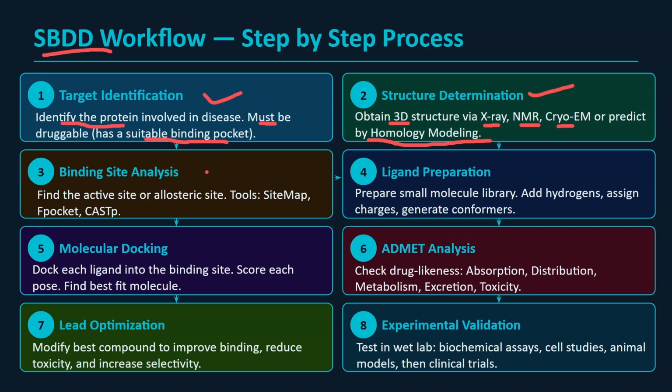Next, the third step is the binding site analysis, where we identify where on the protein surface the drug should bind. This could be the active site, the main functional site, or the allosteric site, which we can call binding site. So these two can be the binding site of the proteins.